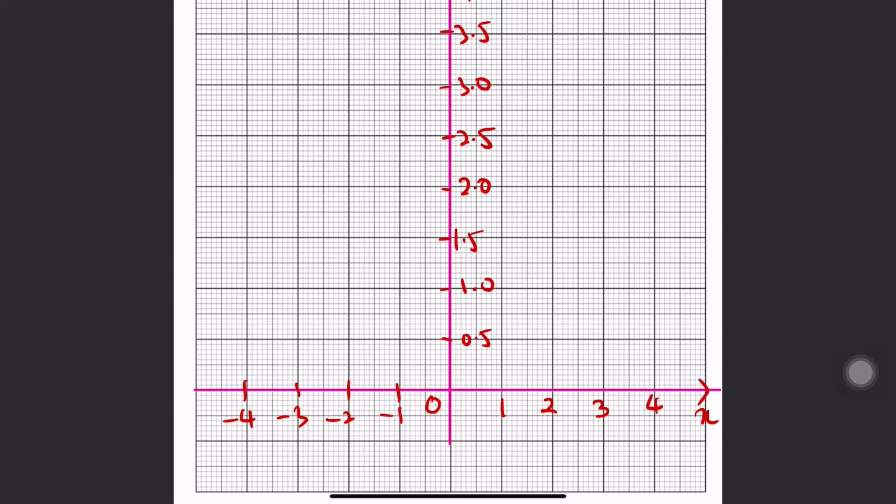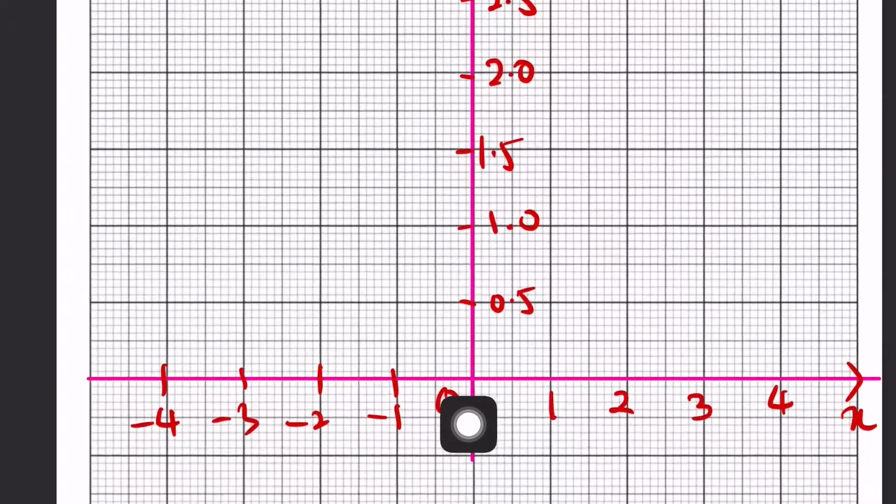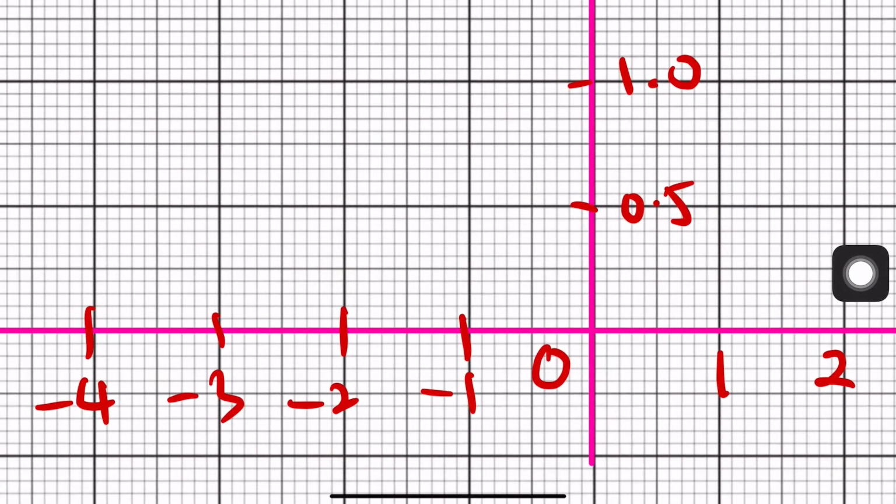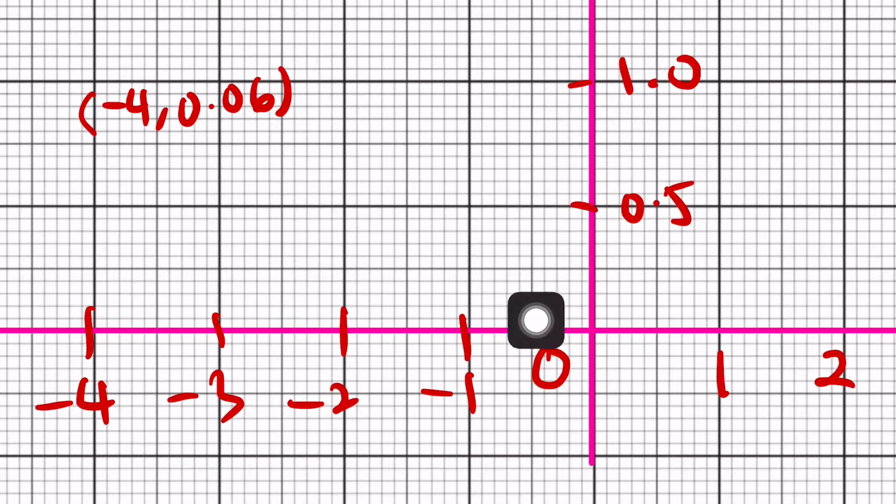So the first one we have is negative 4, 0.06. I will teach you how to calculate the boxes. Look over here, we have 0.5, and we have 10 boxes, 1 2 3 4 5 6 7 8 9 10.